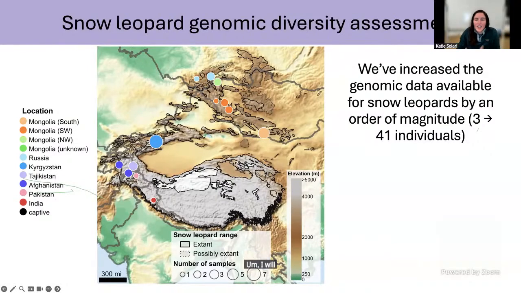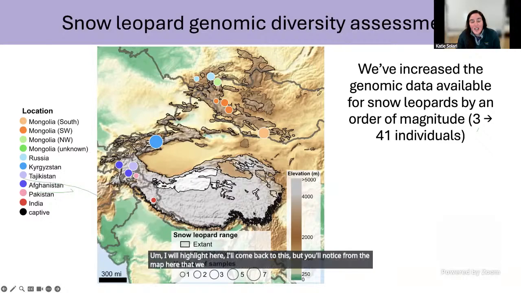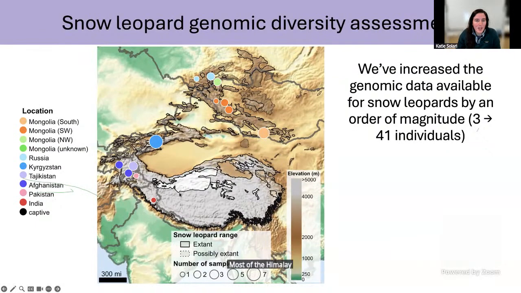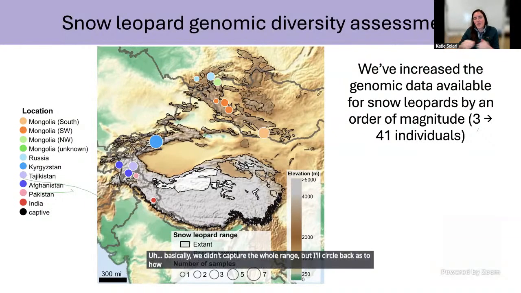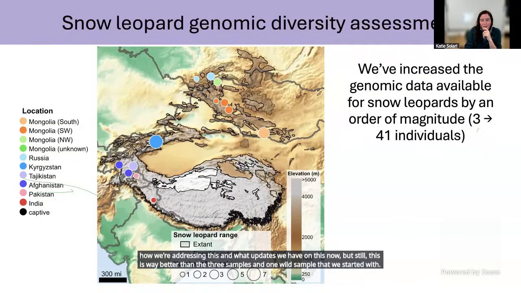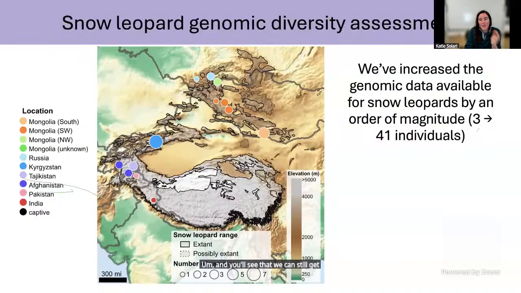I will highlight here, I'll come back to this, but you'll notice from the map here that we didn't have any samples from China or Nepal or Bhutan, like most of the Himalayas. So we didn't capture the whole range, but I'll circle back as to how we're addressing this and what updates we have on this now. But still, this is way better than the 3 samples and 1 wild sample that we started with. And you'll see that we can still get a bunch of meaningful information from this data set.